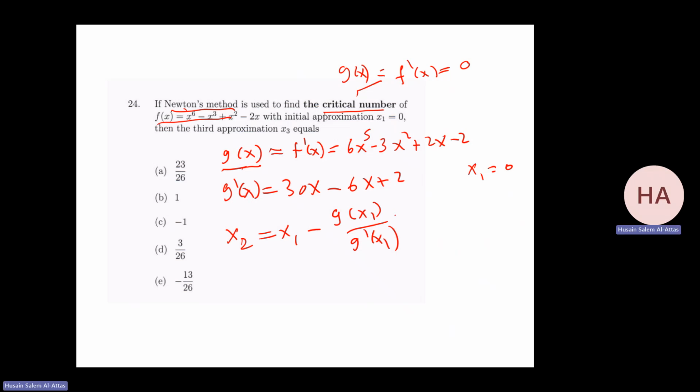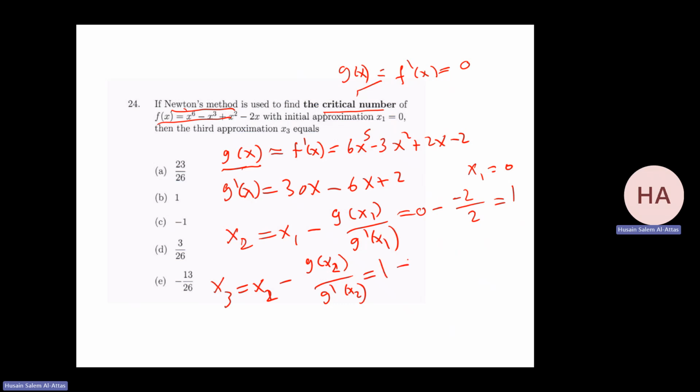Okay, so that will be 0 minus g at 0. G at 0 is minus 2. G prime at 0 is 2. That will give me 1. Am I right? Yeah, minus 2 over 2. So x3 will be x2 minus g of x2 over g prime at x2.